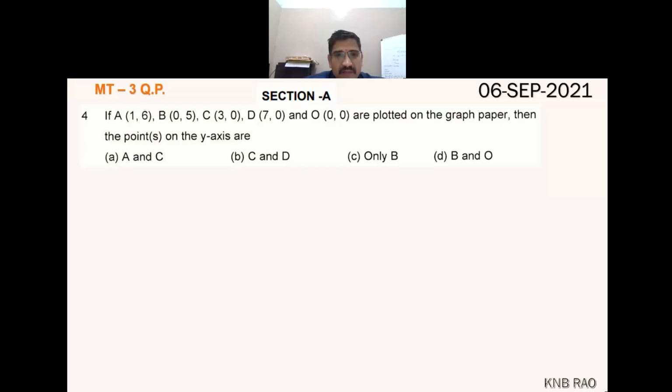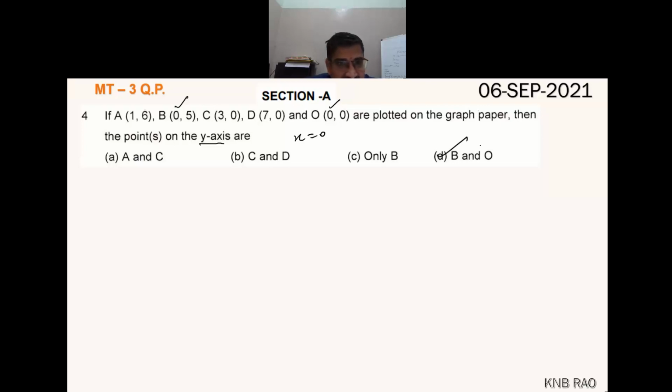So I need not plot them. If I observe, any point lying on the y-axis will have x coordinate 0. I have to look for that. 1, 2, and who else? None. So the right option is you have to check for B and O. That is D. D is the right option.